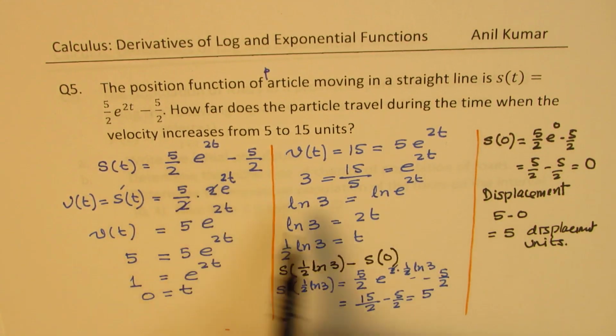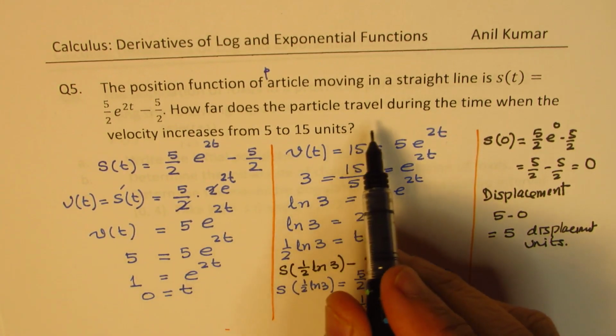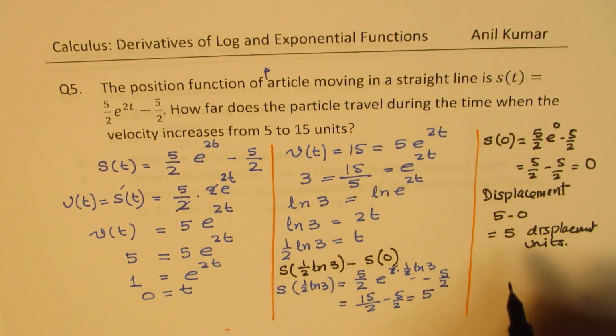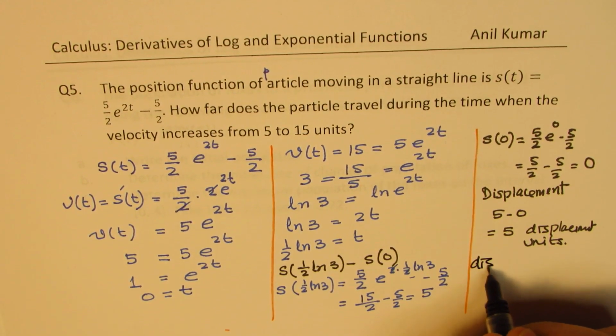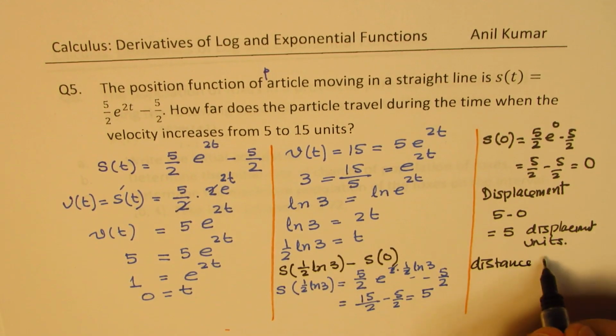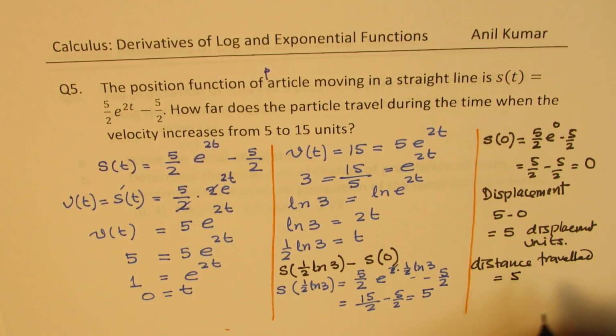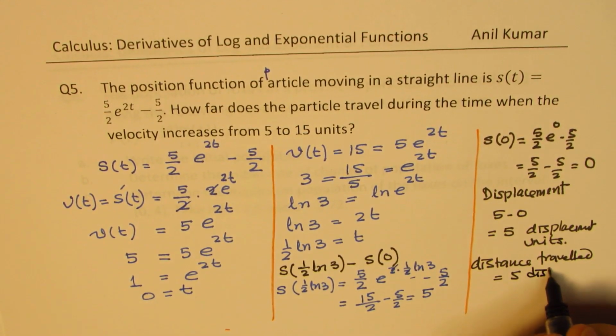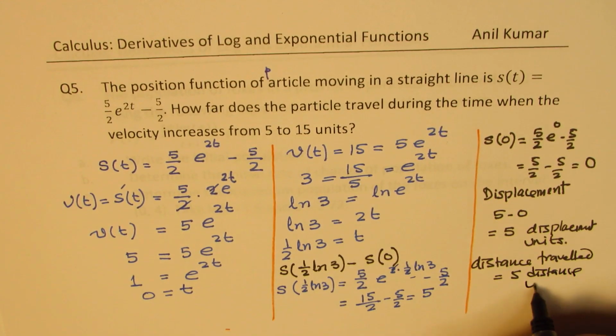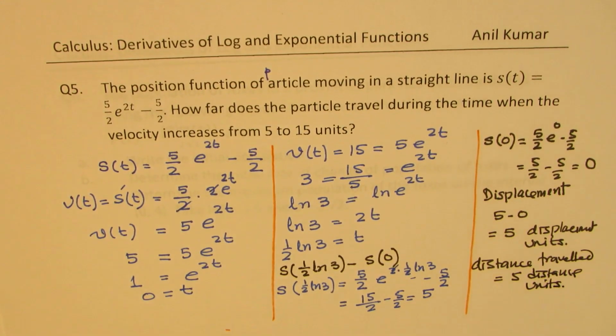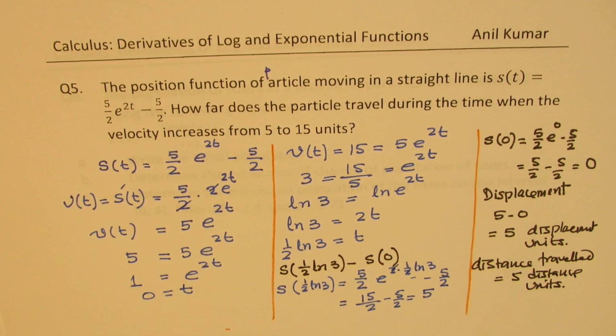So the distance is the distance between those 2 points. So how far the particle traveled. So basically we're talking about distance traveled. So let me write, distance traveled will be 5 units. We'll write distance units, correct? So that will be the final answer for this.